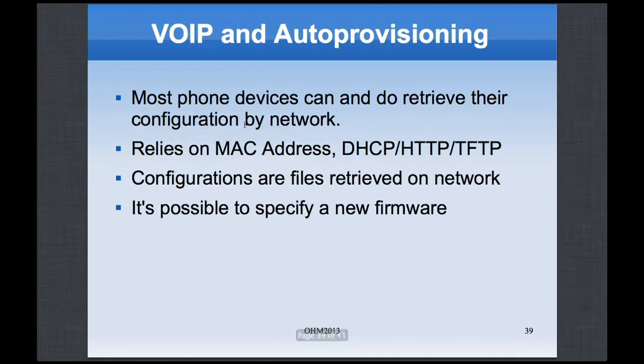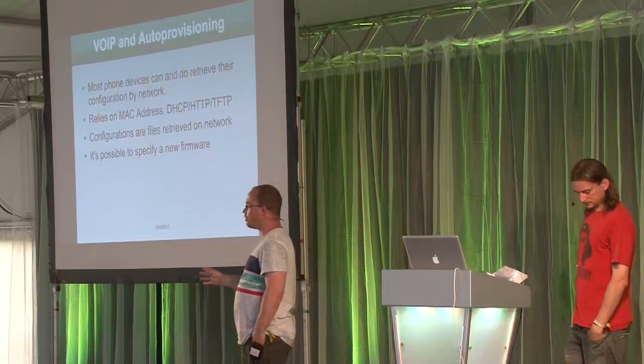Okay. So for the work, we were thinking what we can do with this. I don't know if you know how VoIP phones work now. Most of them can get some configuration on boot. It relies on known technologies, DHCP, HTTP, FTP. When some VoIP provider gets some new phone, most of the time he will scan the MAC address and put it in a database.